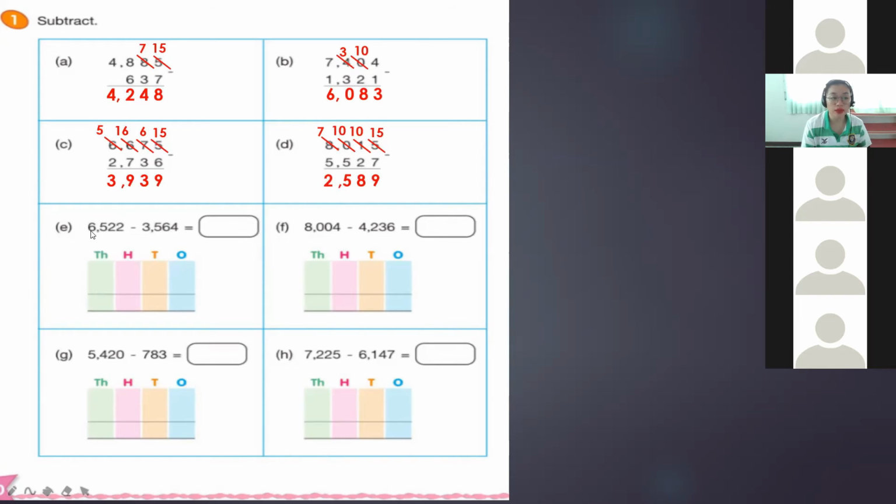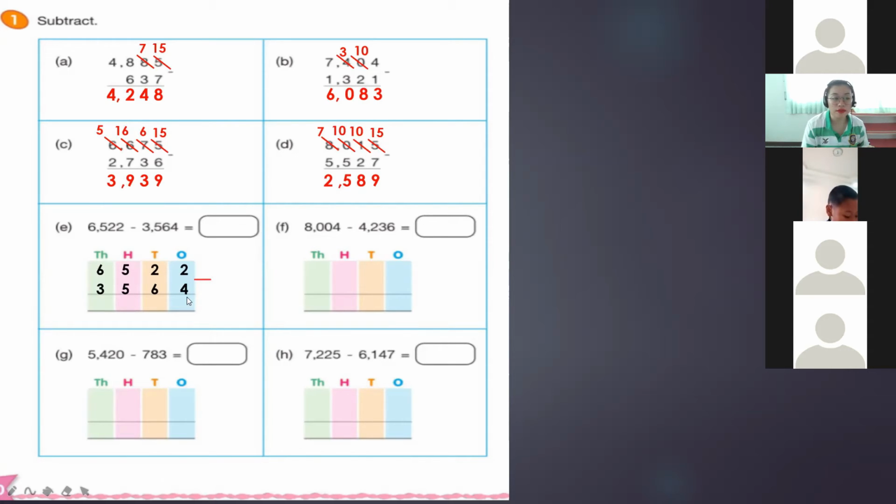Okay, so we have the numbers 6,522 minus 3,564. So what is the answer? So we're going to write the numbers first. So we have 6,522 minus 3,564.